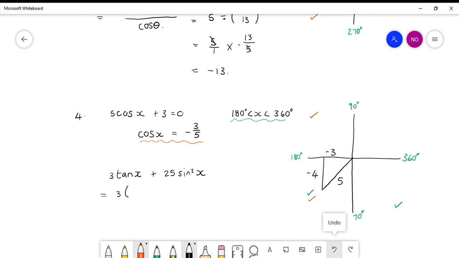Negative 4 over negative 3. So do you agree it's positive 4 over 3? Nee? Negative 4 gedeeld deur negative 3 is mos net 4 oor 3. Okay, and once again check yourself. Does it make sense that tan is positive? Yeah, tan is positive in quadrant 3.